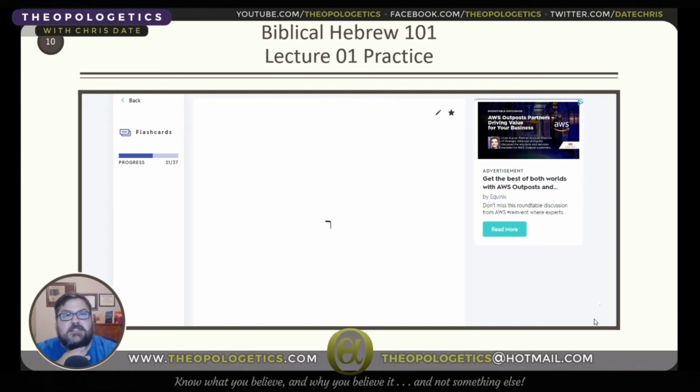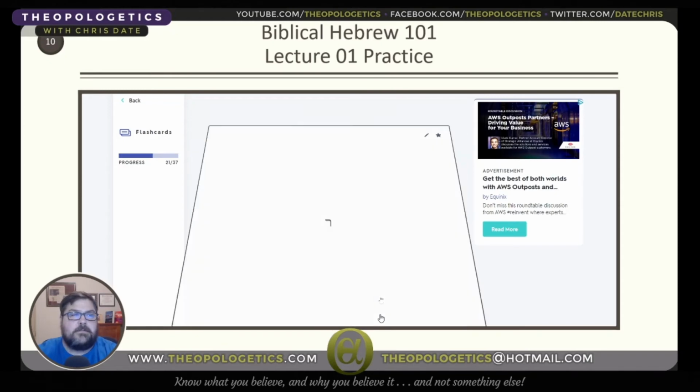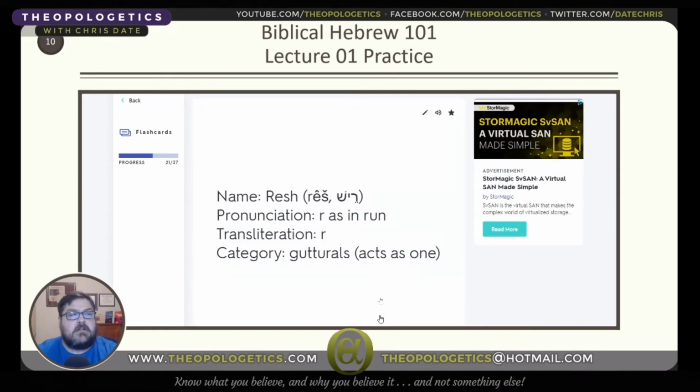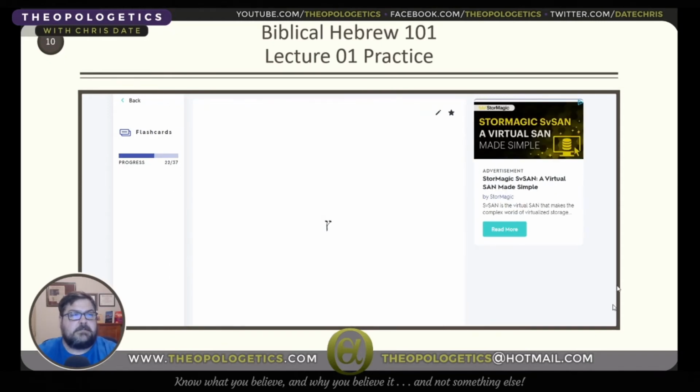It's that back of the throat, back of the tongue R sound, for which reason it's transliterated using the English letter R. And although this is not technically a guttural, it is in the category of consonants called gutturals because it acts the same as gutturals do in a number of cases. Reish, R, gutturals.